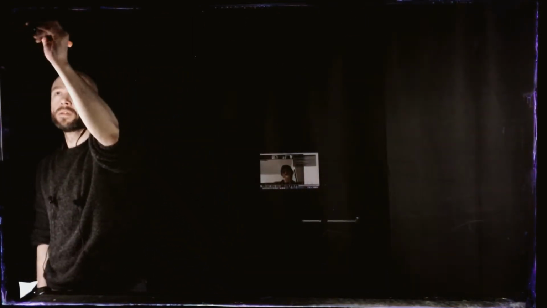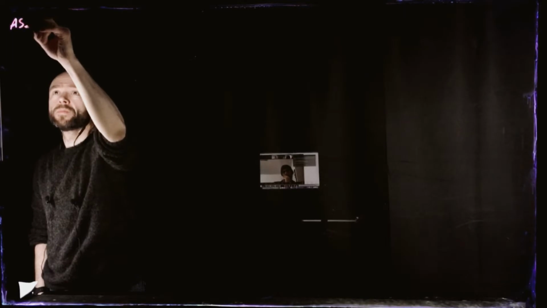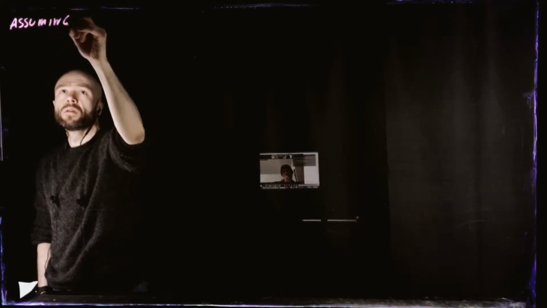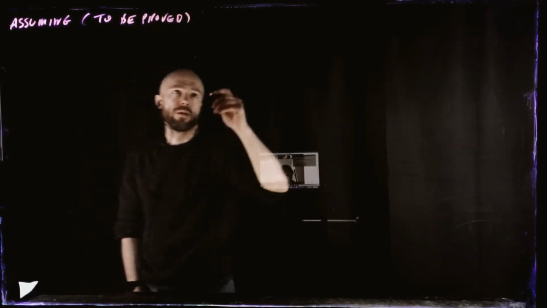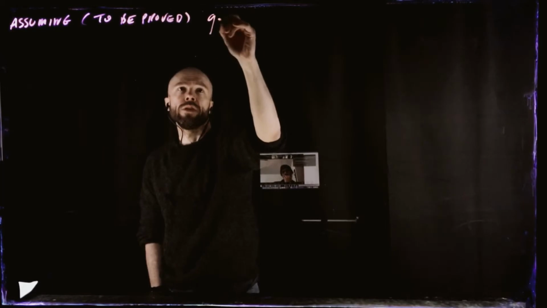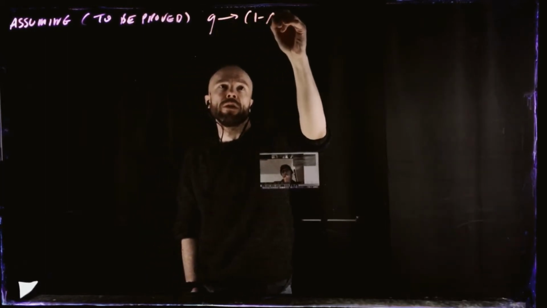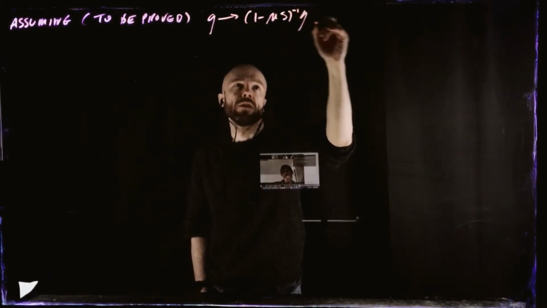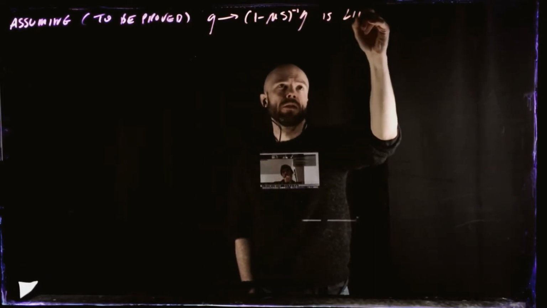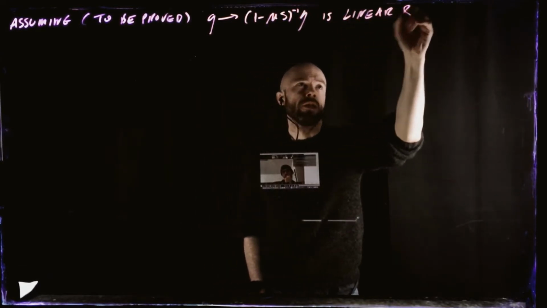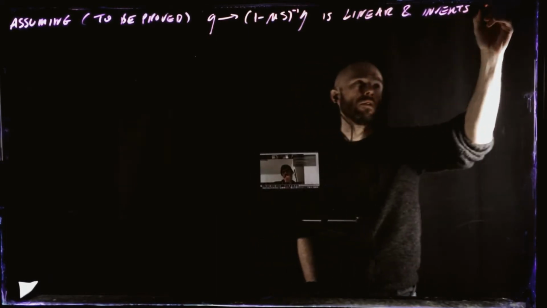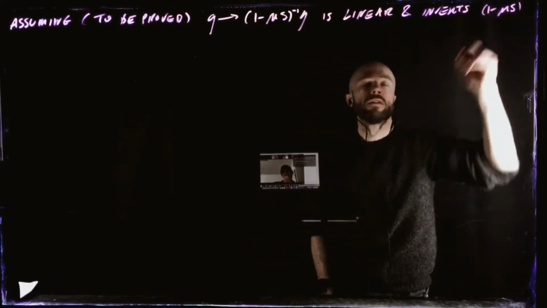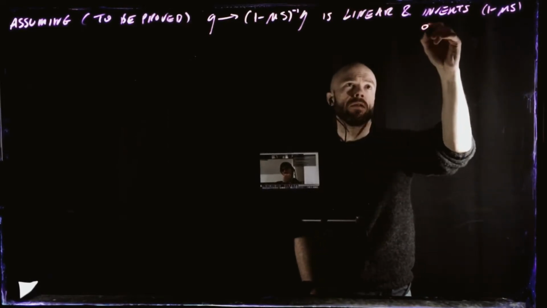So, assuming, to be proved, that G going to (1 minus mu S) to the minus 1 of G is linear and inverts 1 minus mu of S, like on the left-hand side.